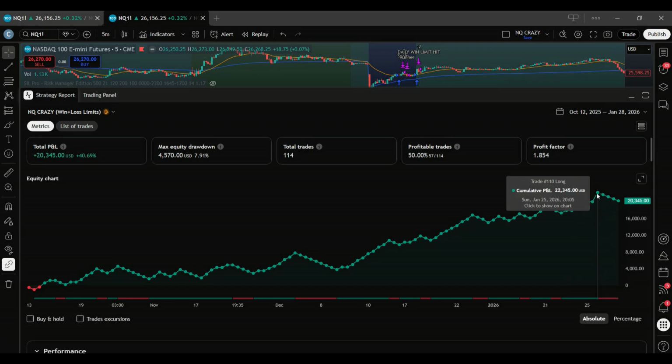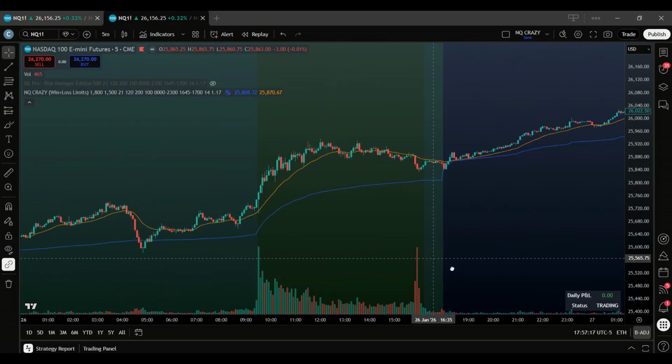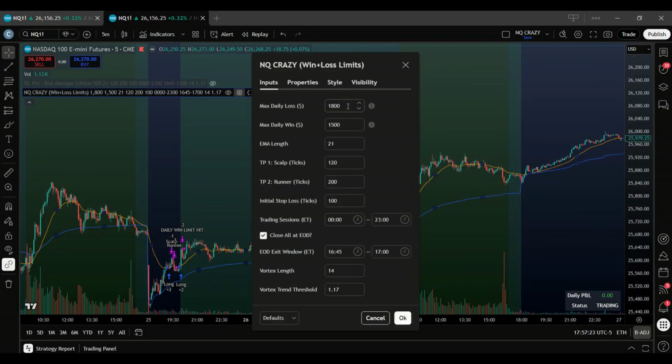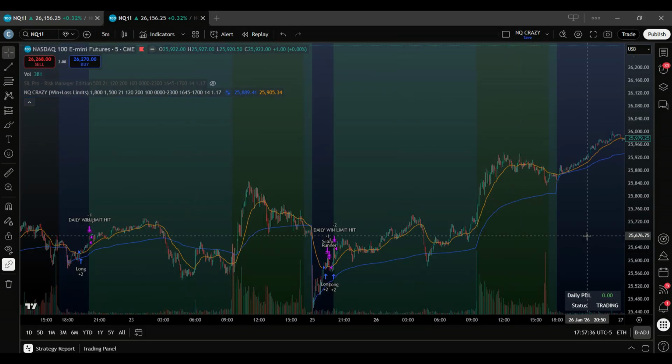We're up. Big style. But yeah, so I'll leave this running. I've got some settings on here. Max daily loss at 1.8. Max daily win at 1.5. I want this to pass an eval as quick as possible. That's the plan with this, but might work, might not.